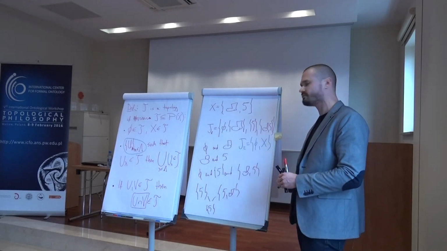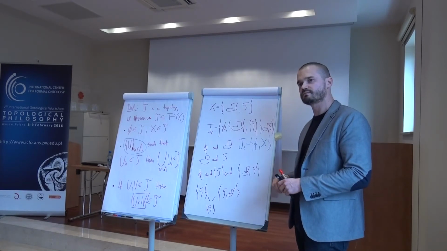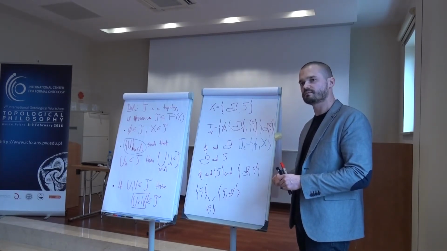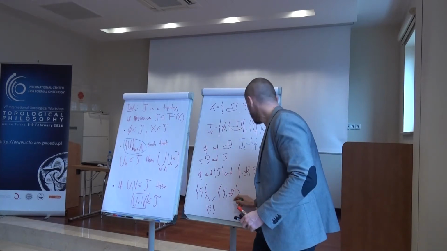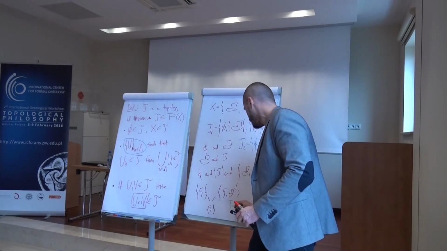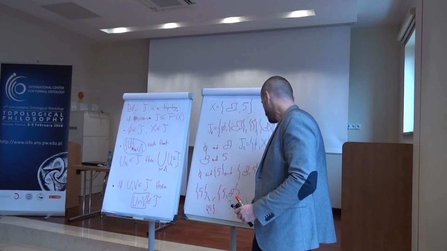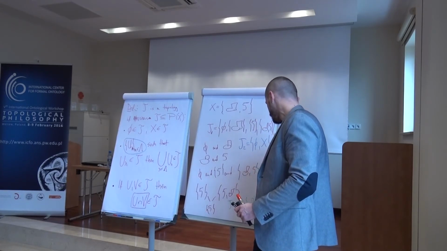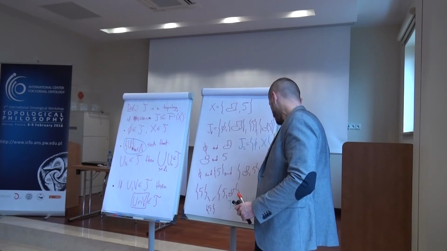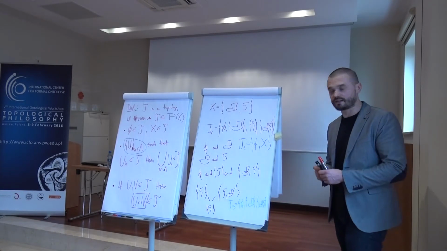If we take just the empty set, the full set, and then one of the two. Sorry, empty set, shoe, and shoe and 5. So we try empty set, shoe, and shoe and 5. Okay, so let's check if that's a topology, okay?